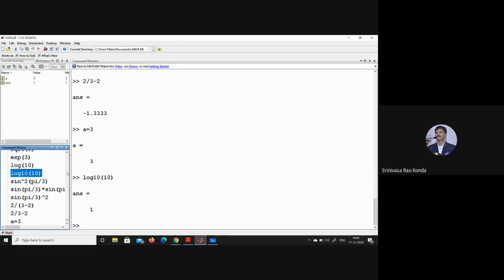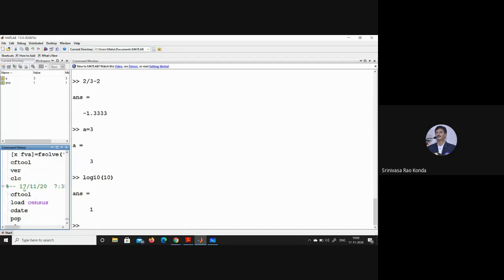I just want to show you this. This is the first command I used today. Am I correct? I opened MATLAB today at 6:49 p.m. These are the previous commands.